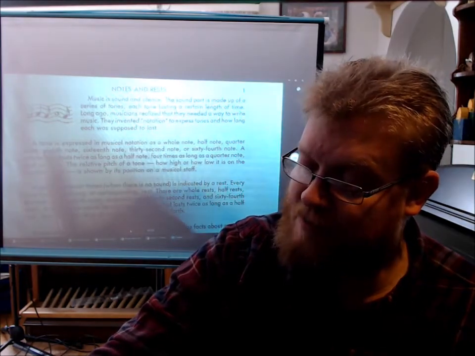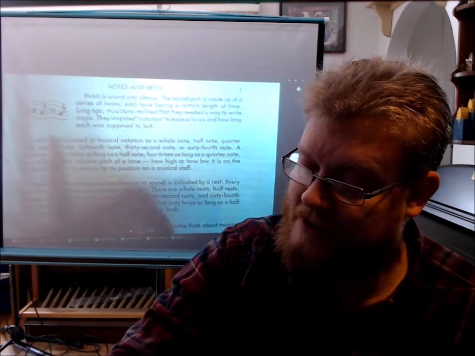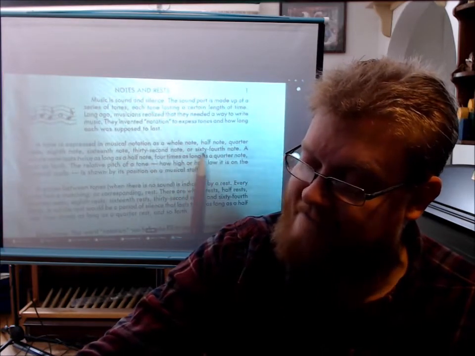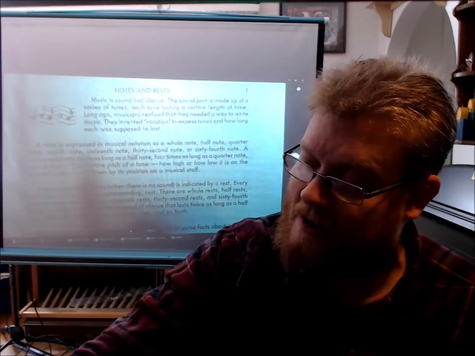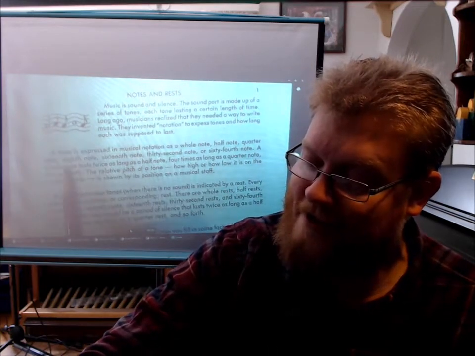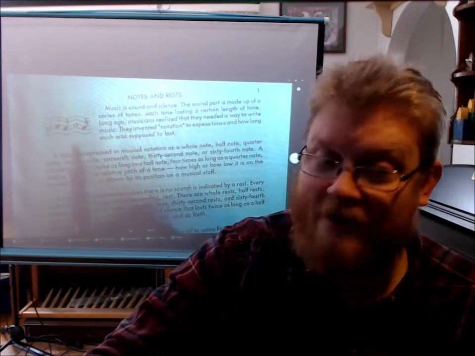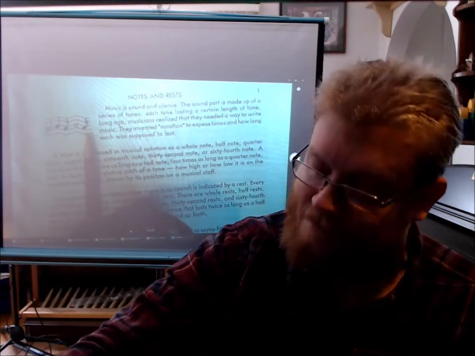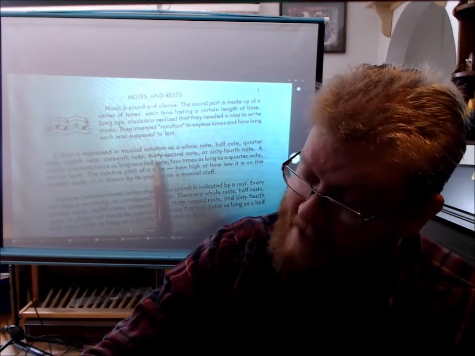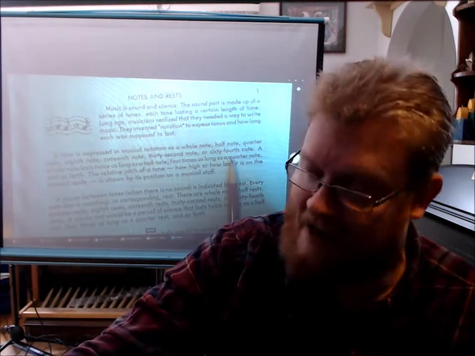A tone is expressed in musical notation as a whole note, half note, quarter note, eighth note, and 16th note, or a 32nd note, which would have 3 flags, or a 64th note, which would have 4 flags.